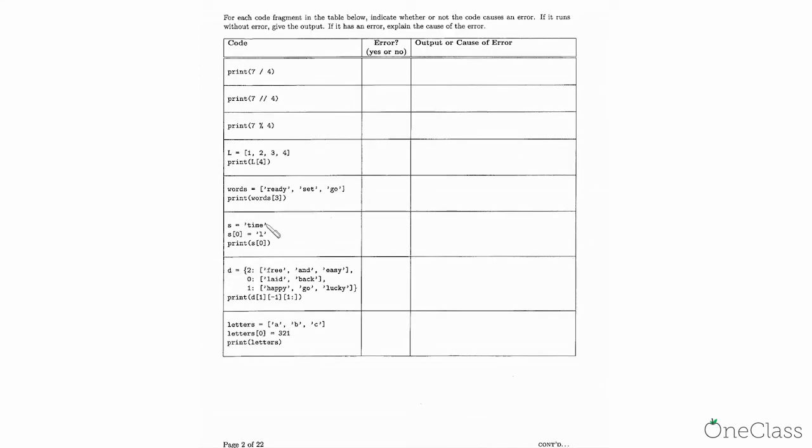And this one: s equals "time", and s[0] equals "L". So you want to change the first element of the string to L and then print out s[0].